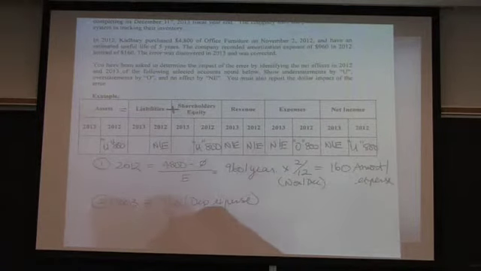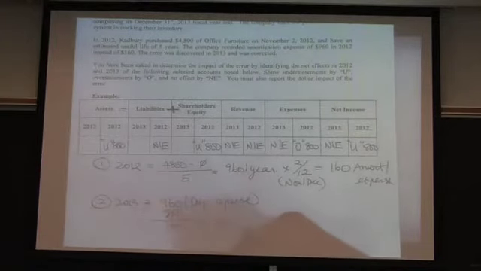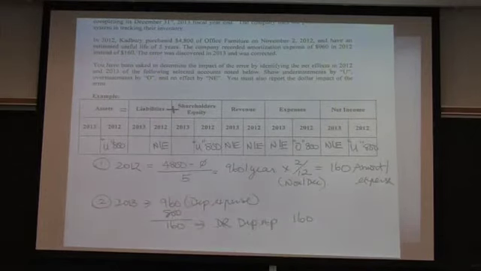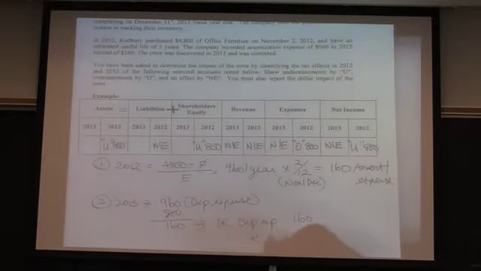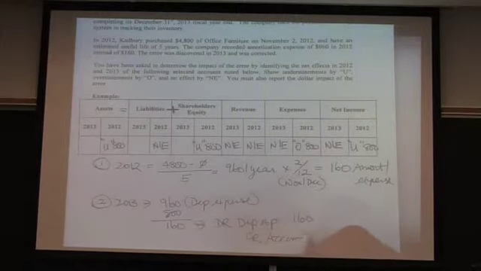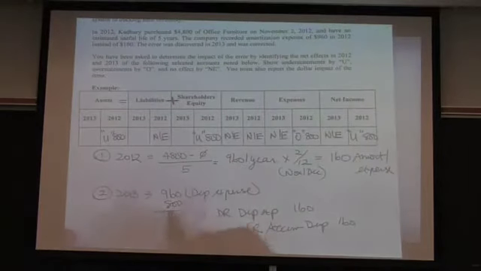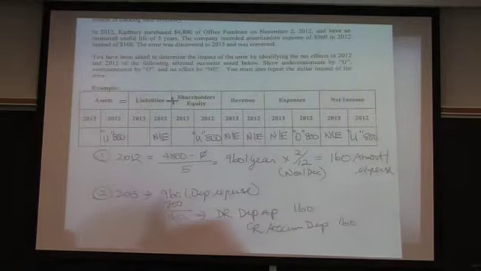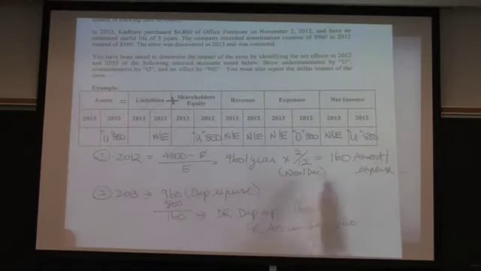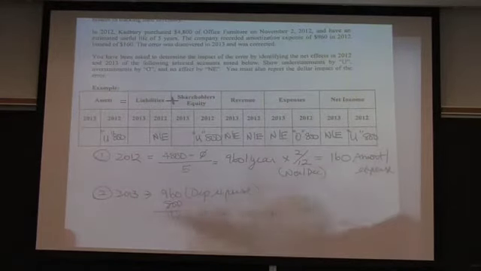of $160. So the entry for 2013 would have been debit depreciation expense, 160, and credit accumulated depreciation, 160. So that would have been the correcting entry, because they should have recorded 960, but they over-recorded the depreciation in 2012.